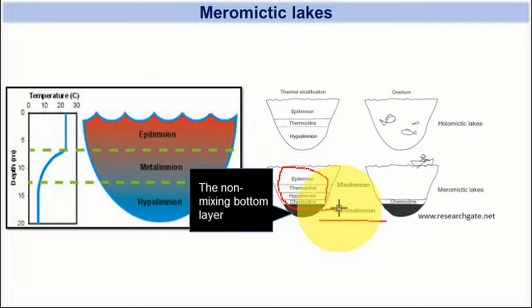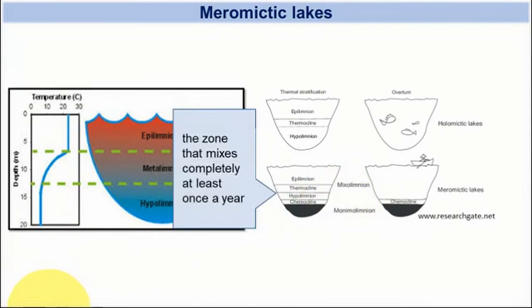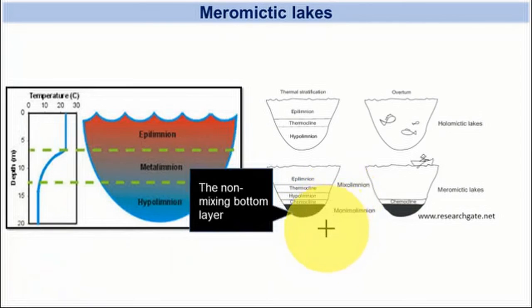This blackened part is the monimolimnion, and it is different from the mixolimnion, because in mixolimnion these are stratified and monimolimnion is not stratified.